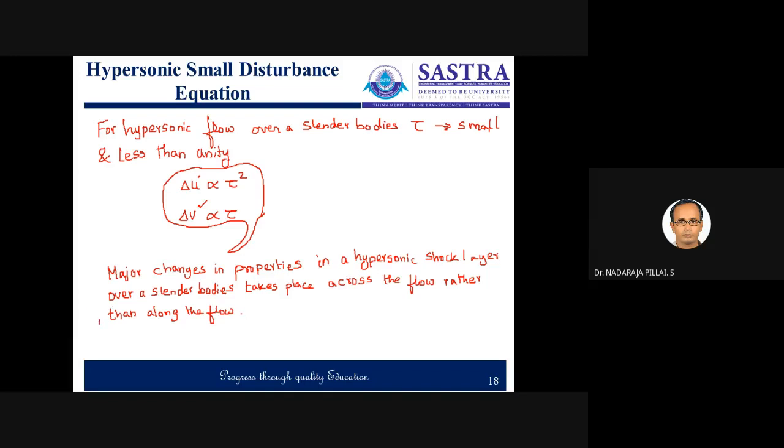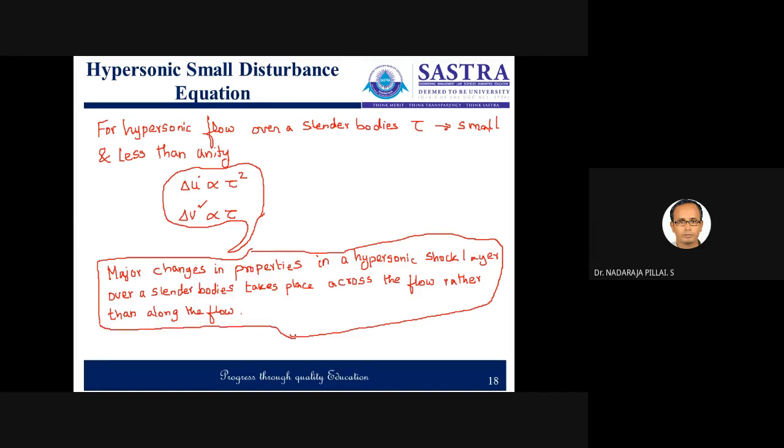While doing this particular derivation, we understand this particular point: in a hypersonic shock layer over a slender body, the change in properties takes place across the flow rather than along the flow. So please remember the major changes.